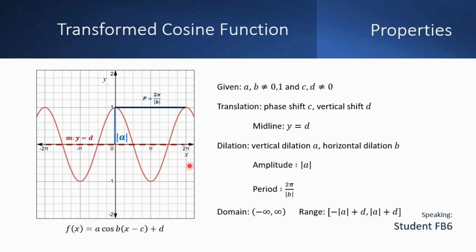So that's what we meant by retention of the identity. Please take note of the important features of the transformed cosine function, the midline, the amplitude, and the period, as this will be useful when we're graphing transformed cosines, which we'll discuss later in this video.